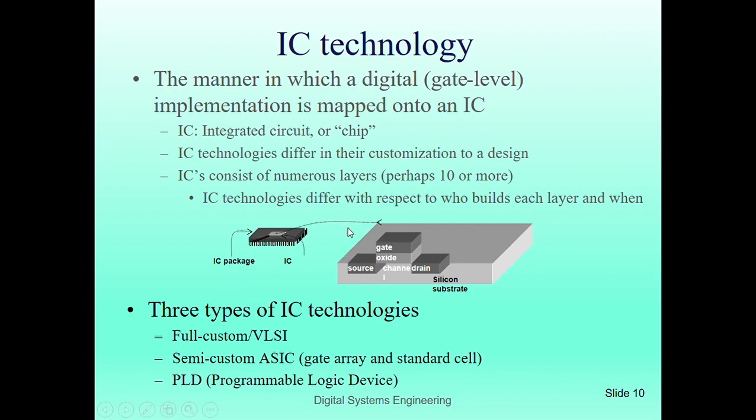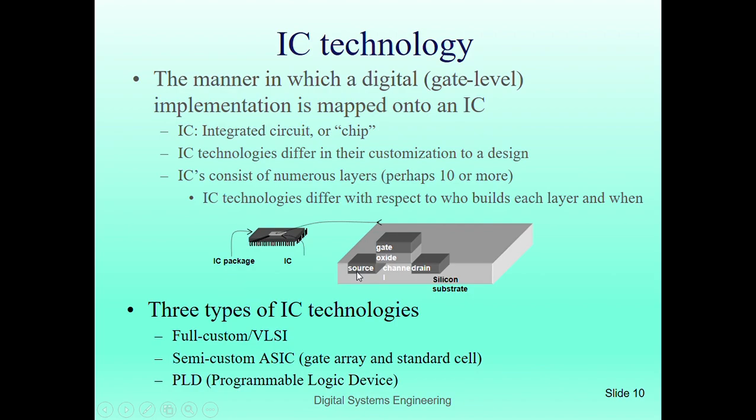Here the basic building block of our IC technology is the transistor. Here you can see the transistor. This is the gate, source, and drain. With the transistor, you apply voltage at the gate terminal and control the current between the drain and source terminals.